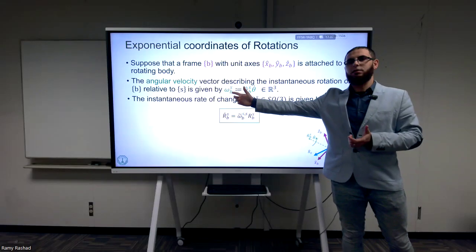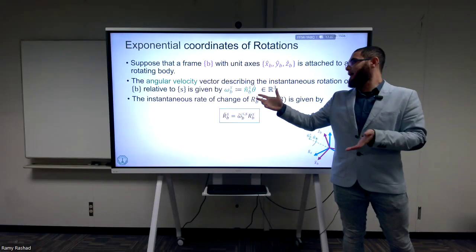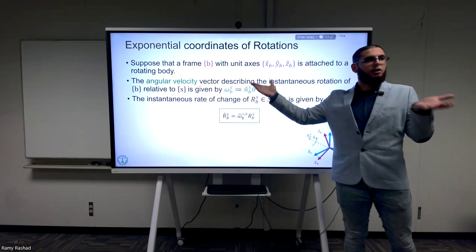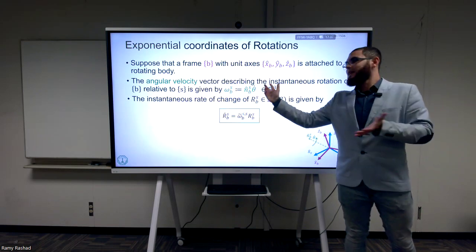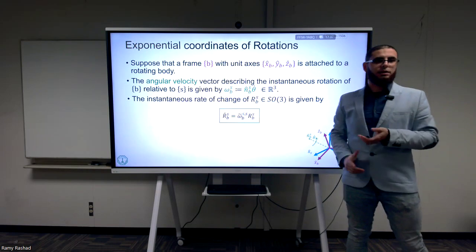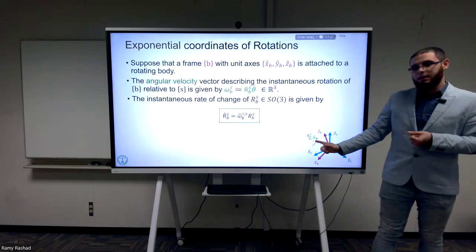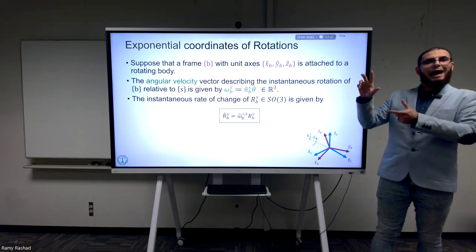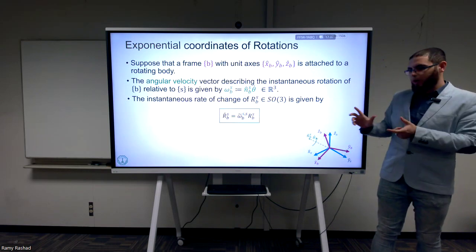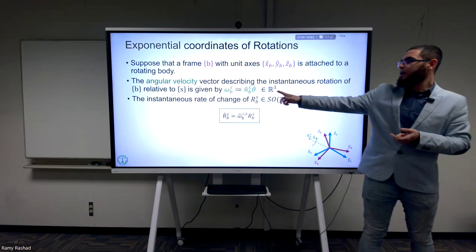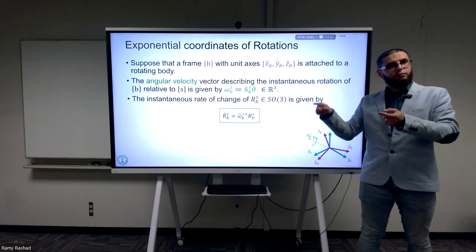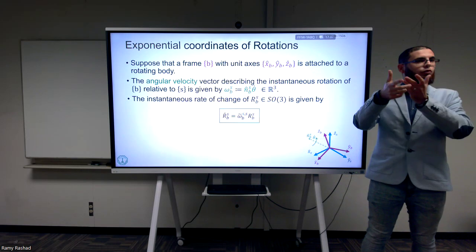Any vector in R3 you can express as a unit vector, something that has magnitude of 1, and the magnitude of that vector. It's something very trivial to do. This direction, n hat, is simply the axis about which the rotation is happening, and theta dot is the angular velocity with which you're rotating.